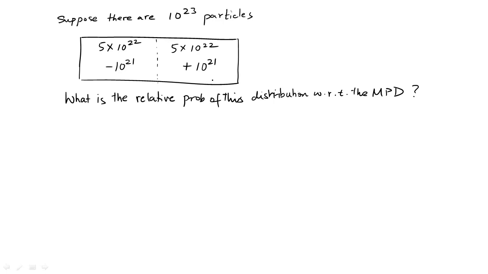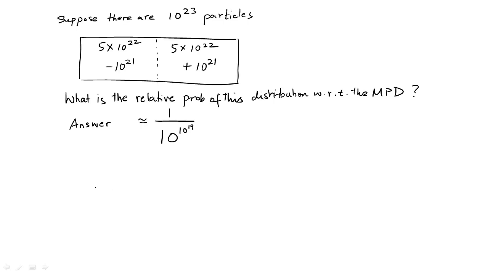So pause the video and calculate this relative probability. The answer is that the relative probability is about 1 divided by 10 to the power of 10 to the power of 19. So clearly, this is a ridiculously small probability for this distribution to be realized.